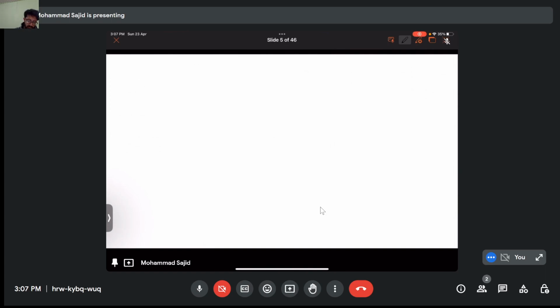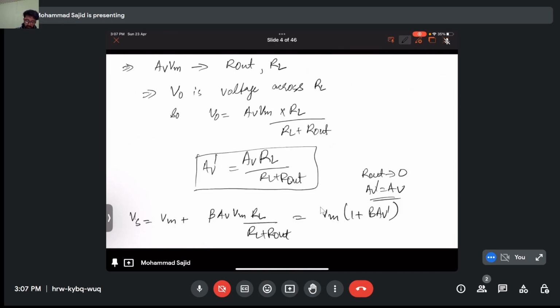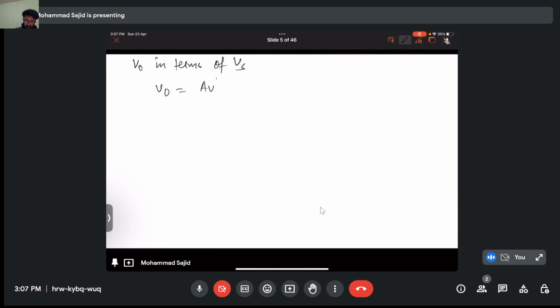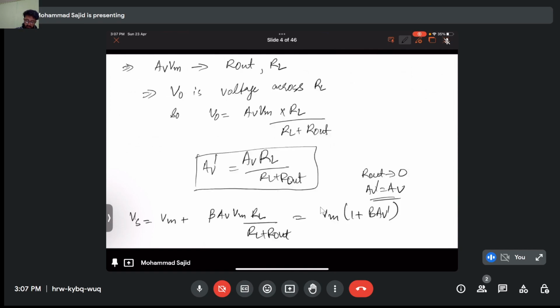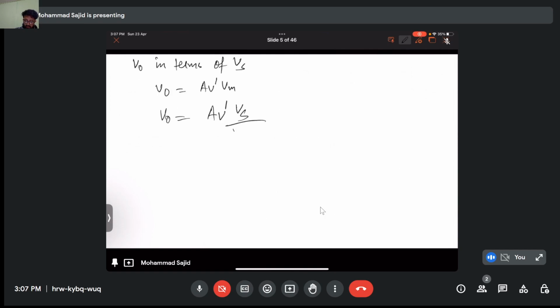So V0 in terms of Vs, we got V0 as AV dash Vin. So my V out is AV dash Vin, which will be Vs divided by 1 plus beta times AV dash. So my V0 by Vs will be AV dash divided by 1 plus beta times AV dash.